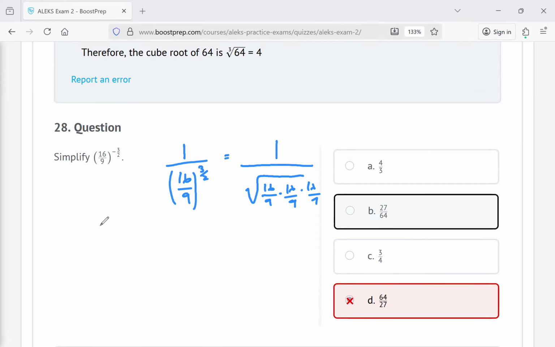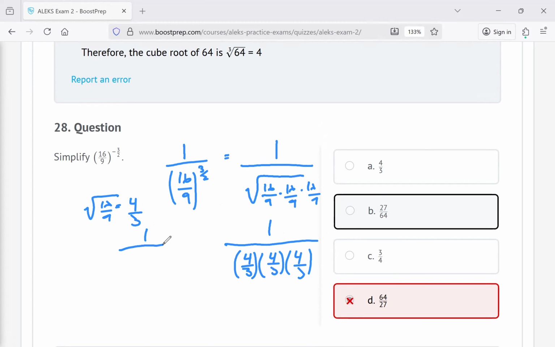And then the square root of 16 over 9 comes out nicely: the square root of 16 is 4, the square root of 9 is 3. We get 4 thirds times 4 thirds times 4 thirds. And then 4 times 4 times 4 is 64, and then 3 cubed is 27.